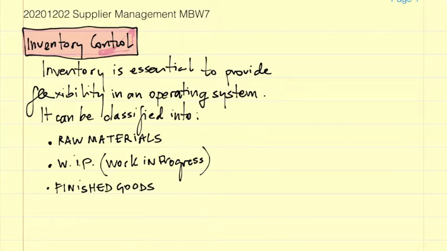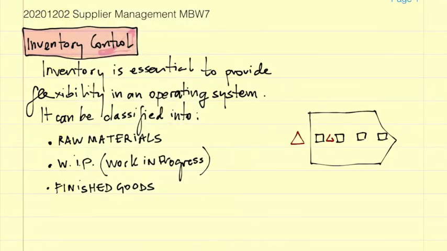Okay, so we have our process, or better, we have our process here and our process steps. And so we can find inventory within the process as raw materials, work in progress, and finished goods.